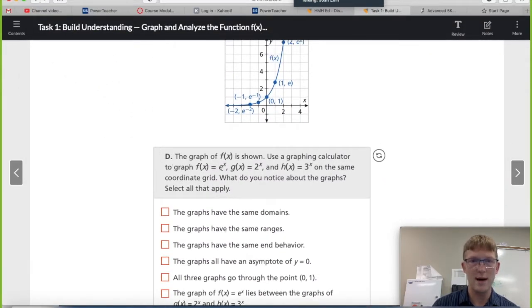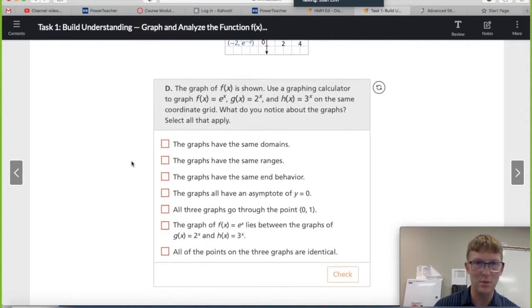The graph of f of x is shown using a graphing calculator to graph f of x equals e to the x, g of x equals 2 to the x, and h of x equals 3 to the x on the same coordinate grid. What do you notice about the graphs? Select all that apply.